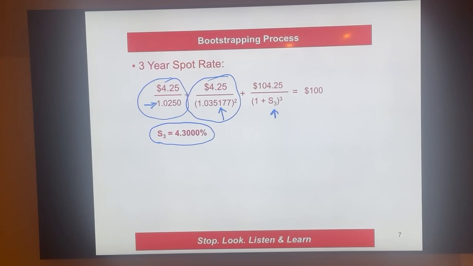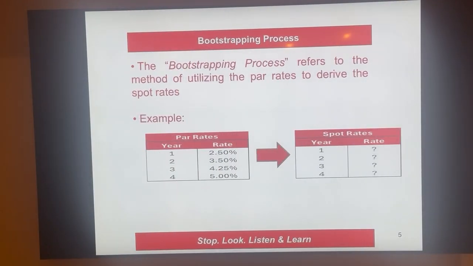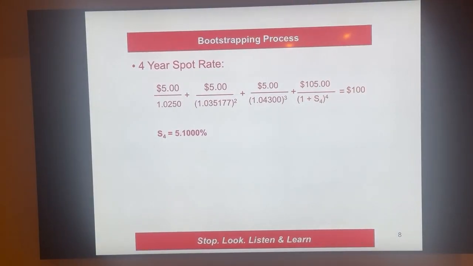Now that we have the 1-year spot rate, the 2-year spot rate, and the 3-year spot rate, we can utilize the 4-year coupon bond and determine what the 4-year spot rate would be. We see here that the par rate for the 4-year bond is 5%. So again we would determine what the cash flows will be for this bond.